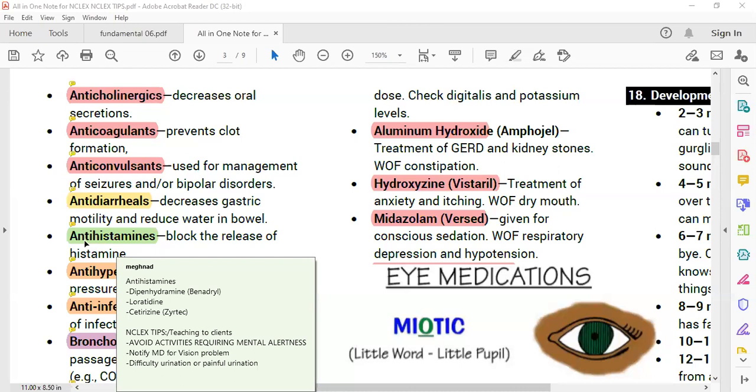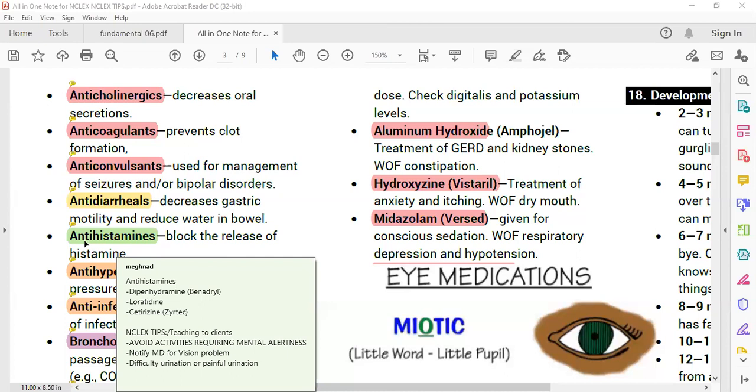Another antihistamine is loratadine. Loratadine we can buy over the counter. We use it as an antihistamine for common cold or rhinitis. Loratadine will cause dry mouth and tachycardia.